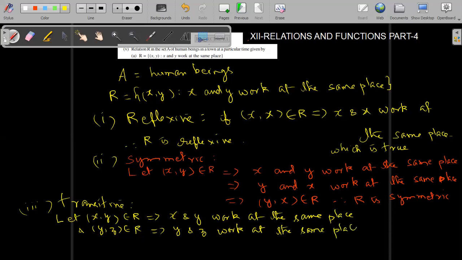So we can say that this implies that X and Z work at the same place.